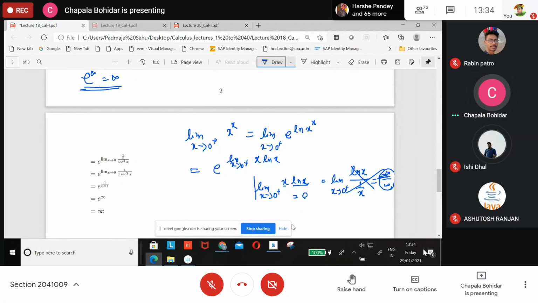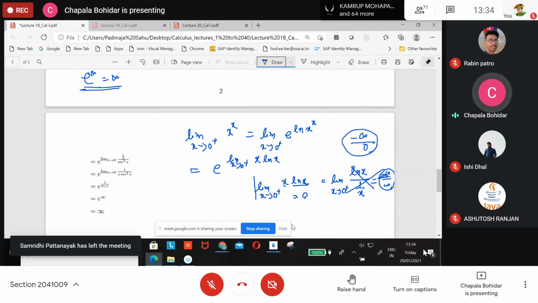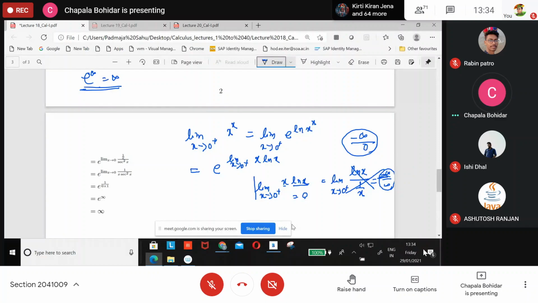If you get minus infinity by 0, don't apply L'Hospital rule. Directly you solve. Okay? So here as x tends to 0 plus, I am getting 0.